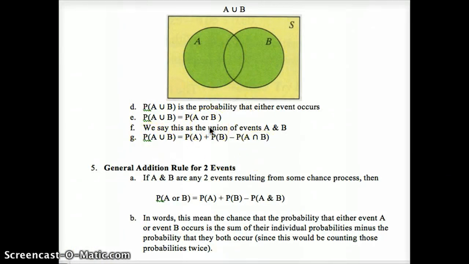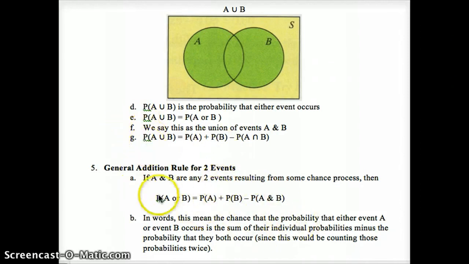So we call this the union of the events. Again, the union of the events would equal the probability of A plus the probability of B, and we'd subtract that intersection, because that's included in both the probability of A and B. So it gets counted twice, so we subtract it once to find the probability of either happening if they have an intersection. And that leads us to here.